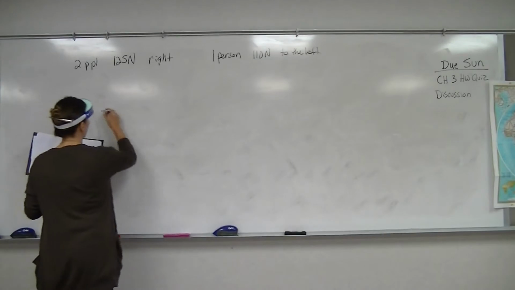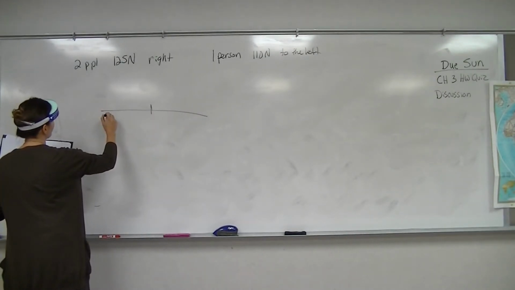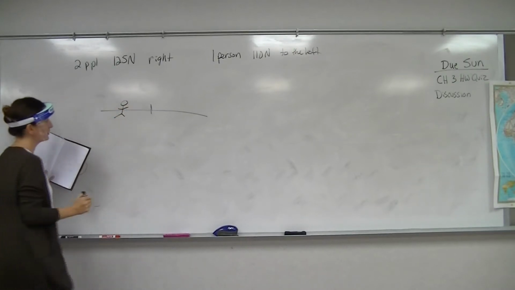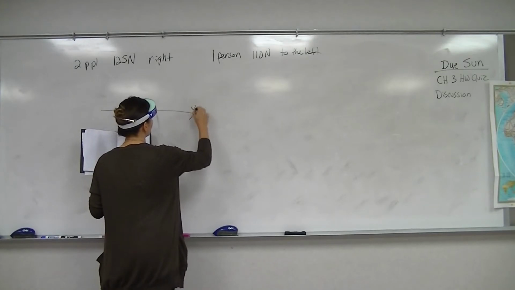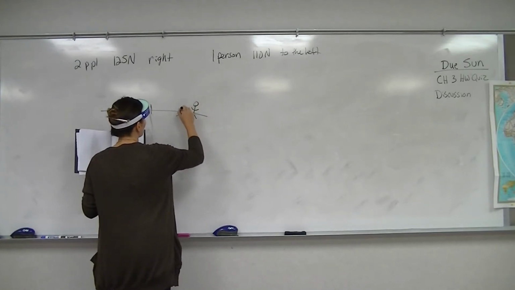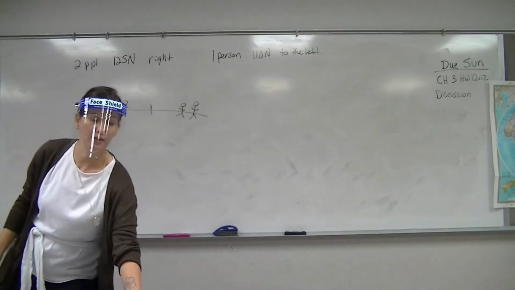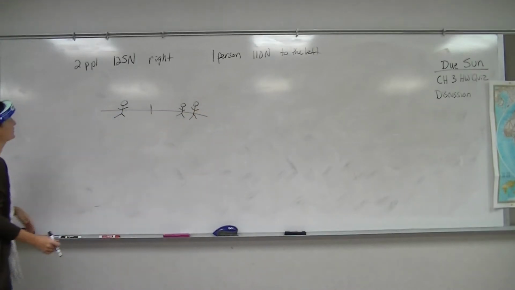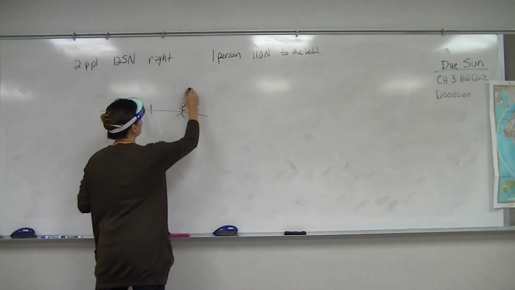So imagine the rope, the little center there. Over here, you have 1 person, and I'm not an artist, so I do stick people. On the other side, you have 2 people pulling. So we're going to try to figure out who's going to win. And in order to figure out who's going to win, we're using their forces. Who's applying more force?